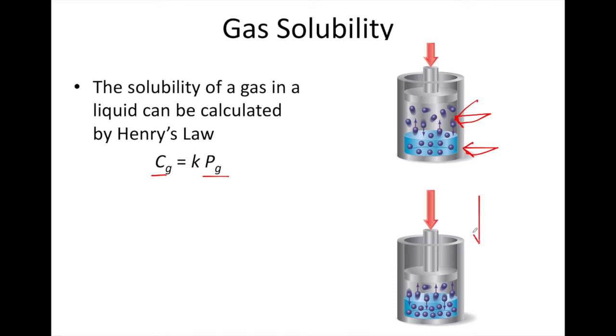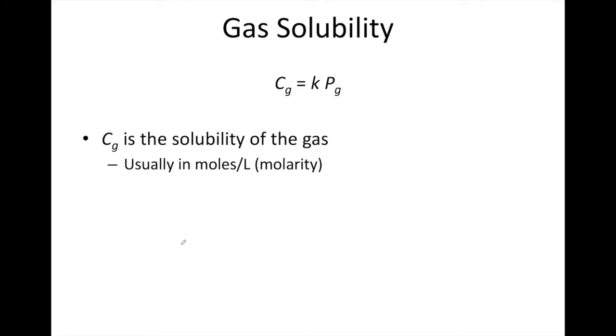If we increase the pressure, we're going to get more gas particles moving into the liquid, so we're increasing its solubility. Now with Henry's law, C sub G represents the solubility of the gas, and we generally express this in molarity: moles of gas dissolved in our solution divided by the volume in liters of the solution.